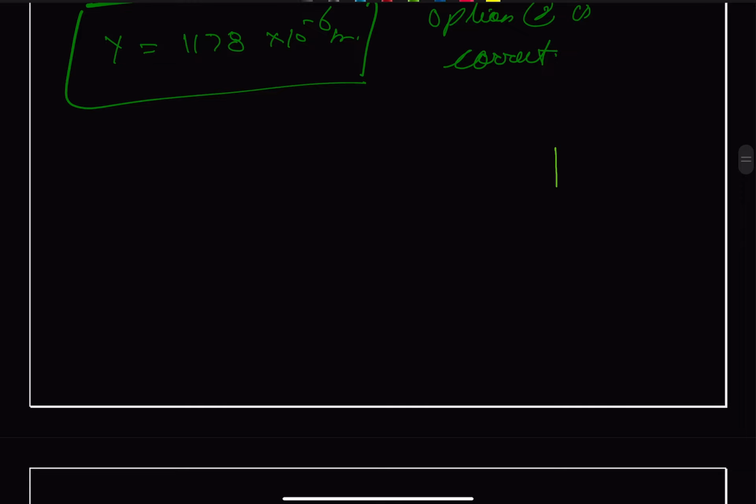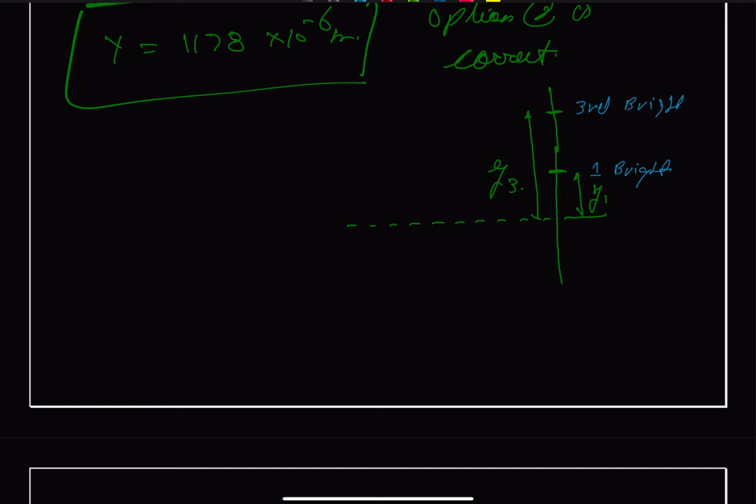So if this is a screen and this is the center, suppose this is our first bright fringe and its distance is given as y1, and this is our third bright fringe and its distance is given as y3.